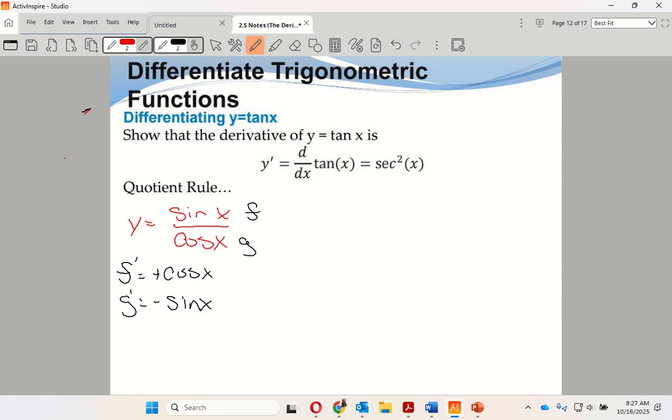Alright, so my formula: f prime g minus g prime f over g squared.